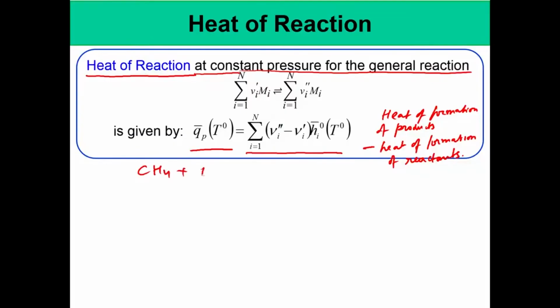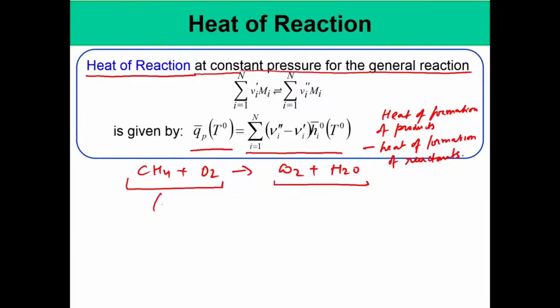Suppose you consider the methane air combustion reaction, CH4 plus 2O2 goes to CO2 plus water. Our common sense suggests that under normal conditions, if you do combustion at constant pressure, your CO2 and water will be at high temperature, and of course, your CH4 and oxygen were at low temperature. But then you need to see why the CO2 and water are at high temperature.